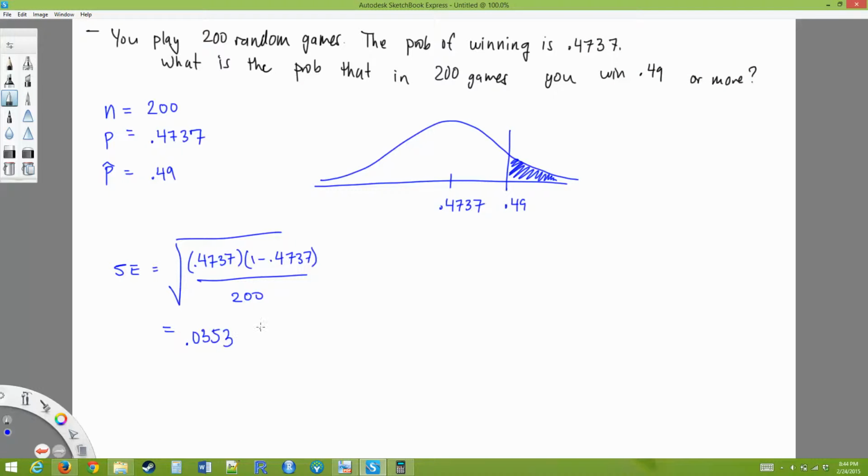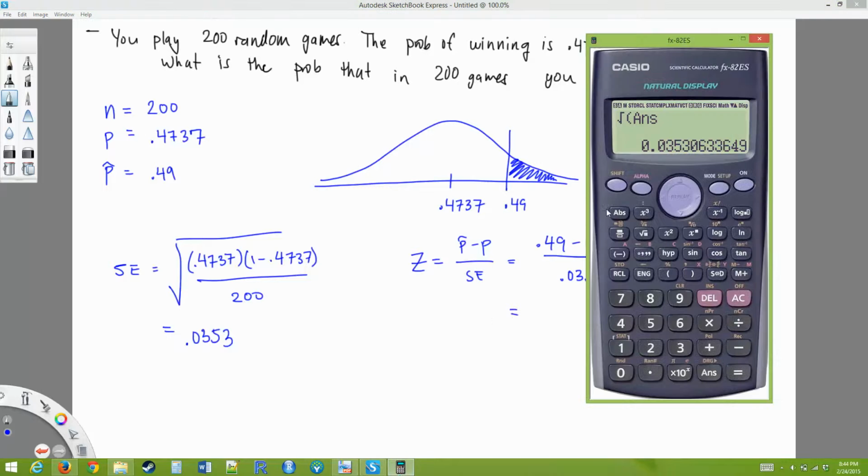Okay. And so my z-score is going to be, what is my z-score? Yeah, so p hat minus p over the standard error. So that would be 0.49 minus 0.4737 divided by 0.0353.